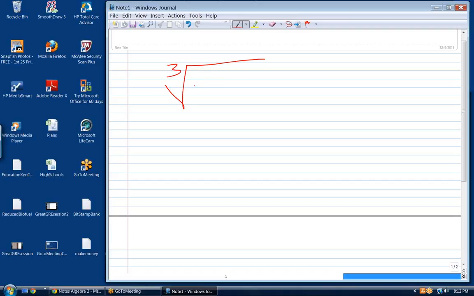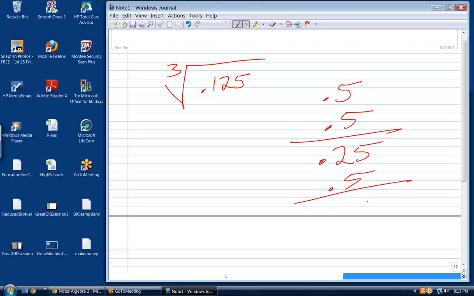Next one will be the cube root of 0.125. Okay, 0.5? Well, 0.5 times 0.5 would be 0.25, times another 0.5 would be, yes, 0.125.